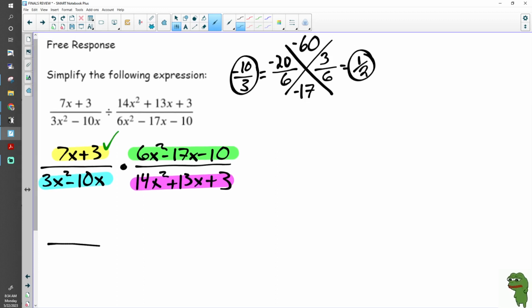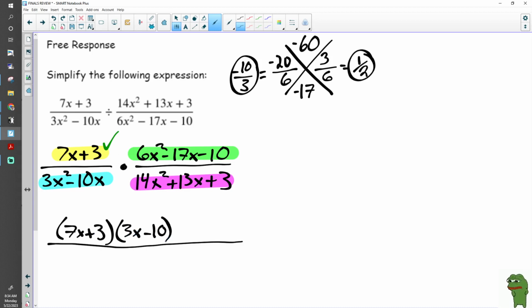So after we squish these together, we know we have 7x plus 3 on the top. That was already factored. It's all done. Our green splits into, for negative 10 over 3, the 3 goes in front: 3x minus 10. 1/2 becomes 2x plus 1.